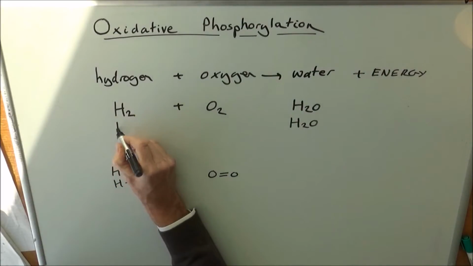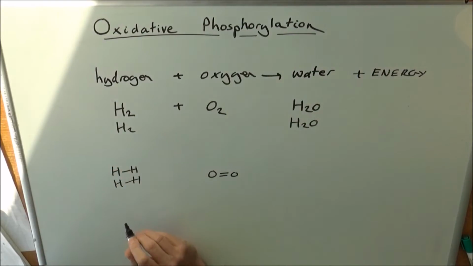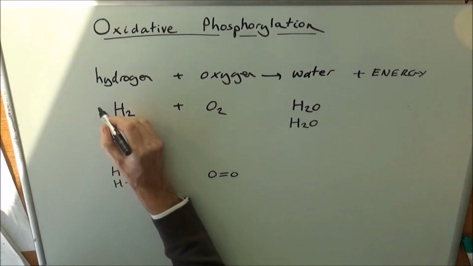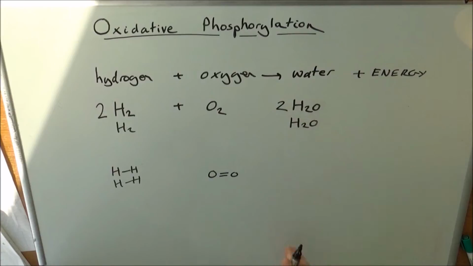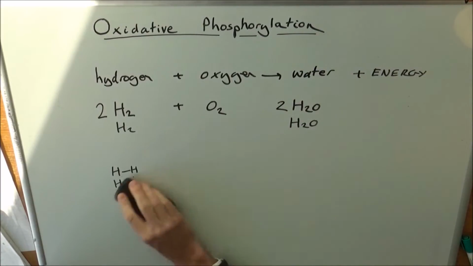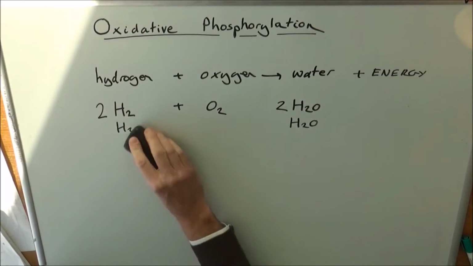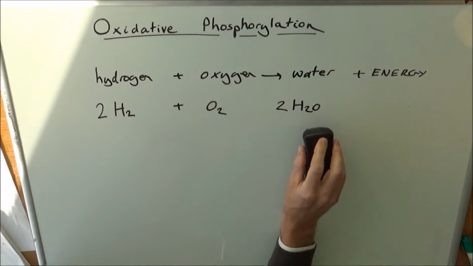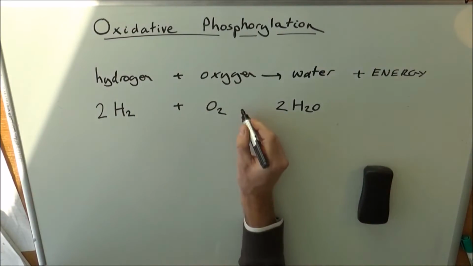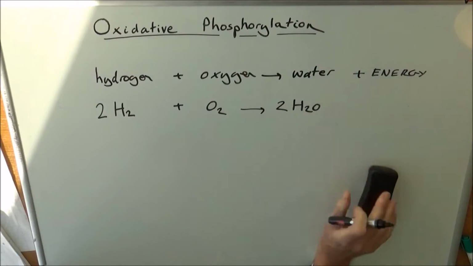So instead of writing it like this, we would just use the balancing numbers, so it would be 2H2 plus O2 gives 2H2O. So that's the reaction of hydrogen gas with oxygen to make water, and we have the release of energy.